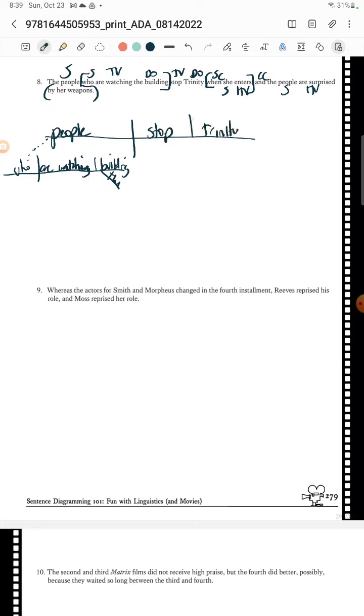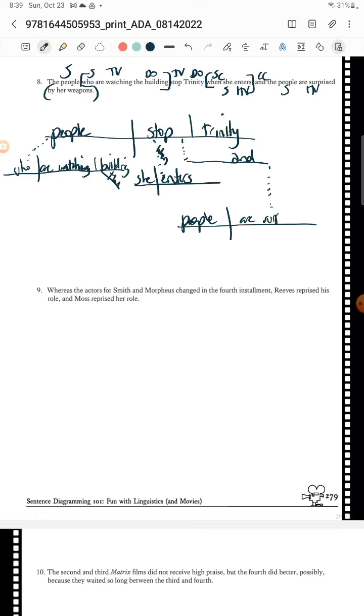They stop Trinity. And then when do they stop her? When she enters. When. And the people are surprised. And then why are they surprised? By the weapons.